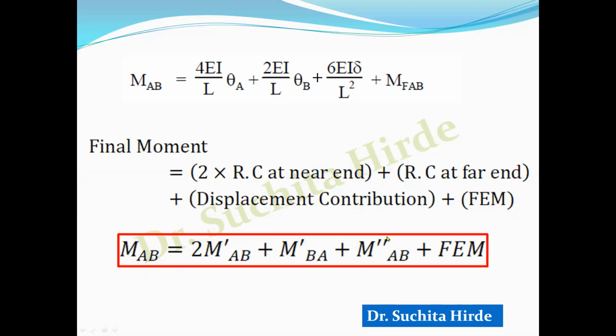In that case, the equation can be written directly as MAB is equal to 2 times rotation contribution at near end plus rotation contribution at far end plus fixed end moment. So there will not be any displacement contribution if there is no sinking of support or the portal frame is without sway. Now let us see how to analyze the structure using Kani's method.